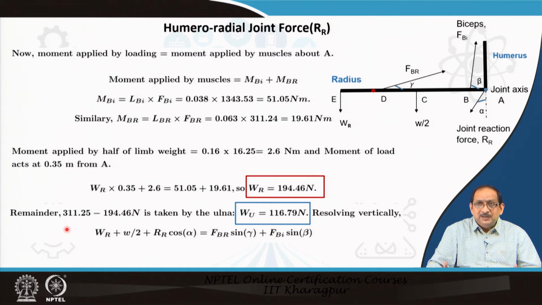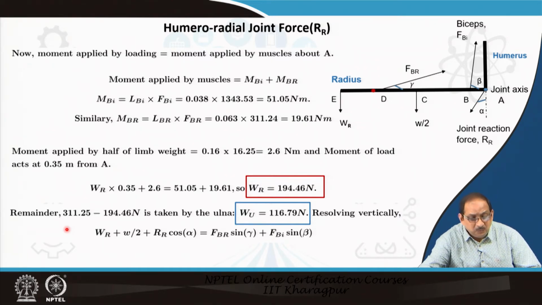The total weight carried by the elbow joint at 90-degree flexion was given as 311.25 Newton, out of which 194.46 Newton is taken up by the radius bone. The remaining part, that is 116.79 Newton, is carried by the ulna. Okay.